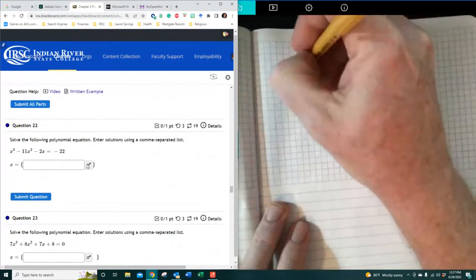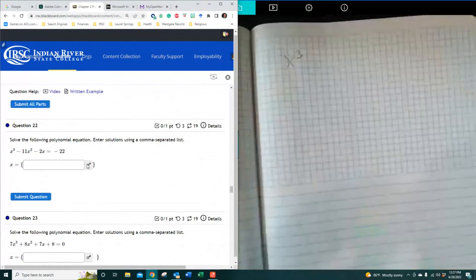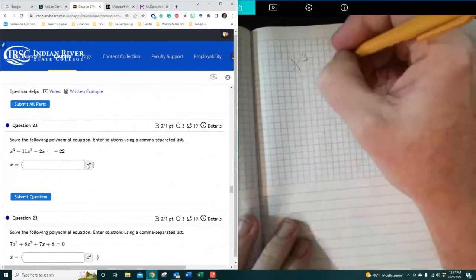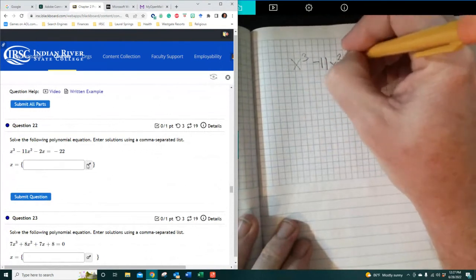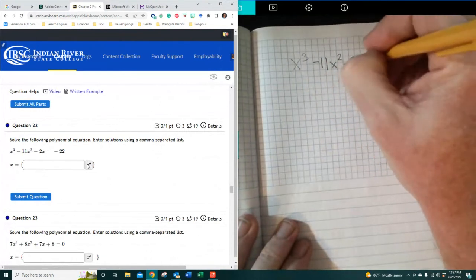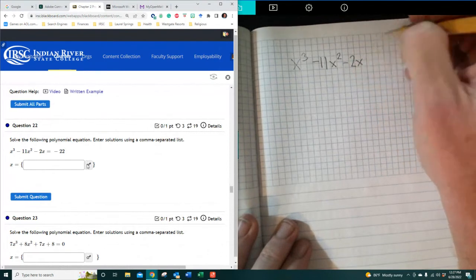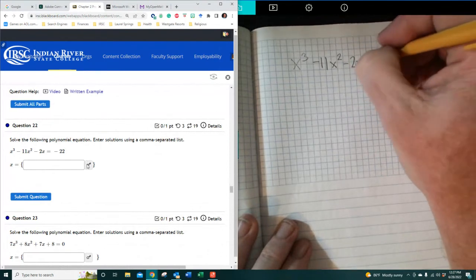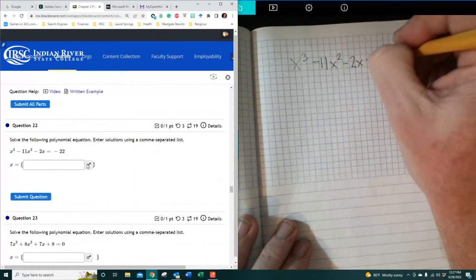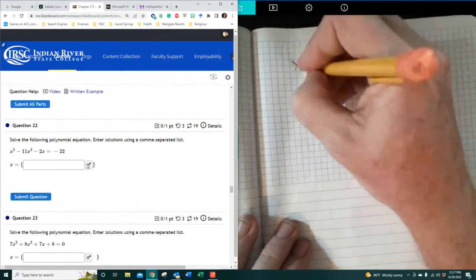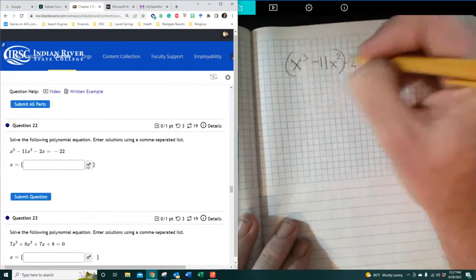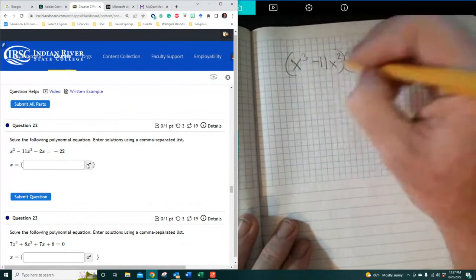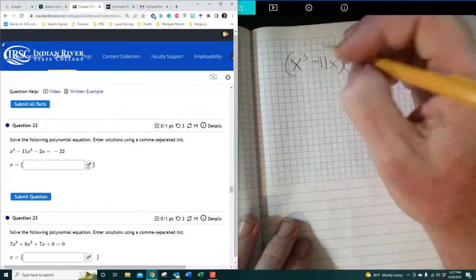Question number 22. I'm going to bring over the -22 and make it become +22 equals 0. Now I group the first two terms together and the second two terms together.